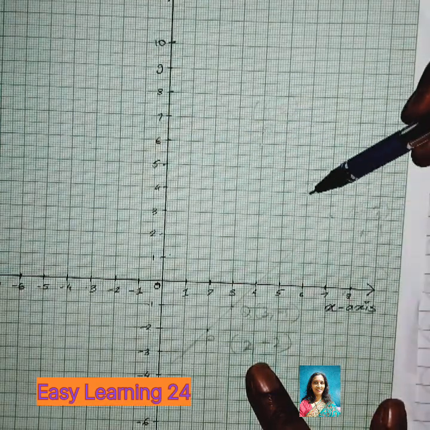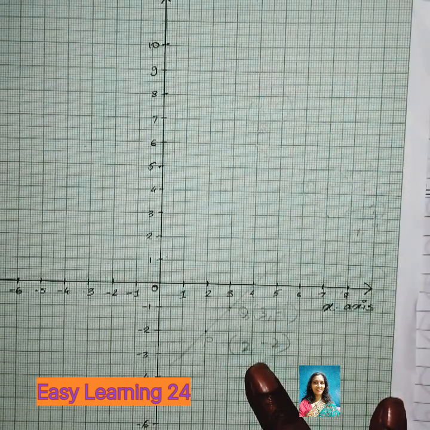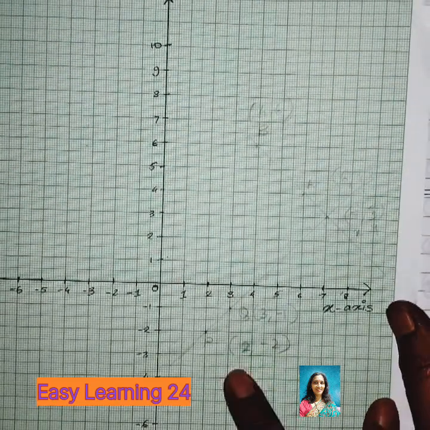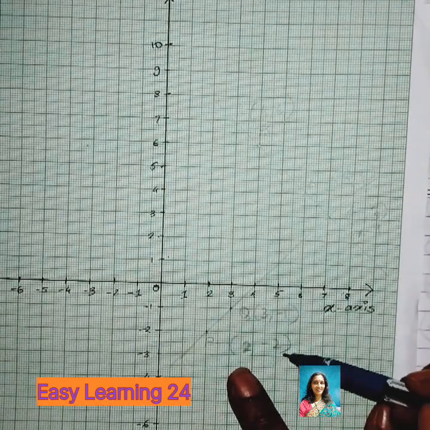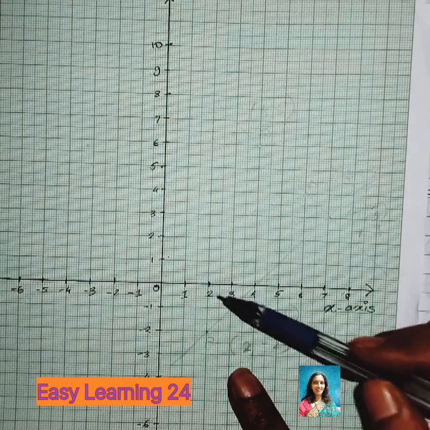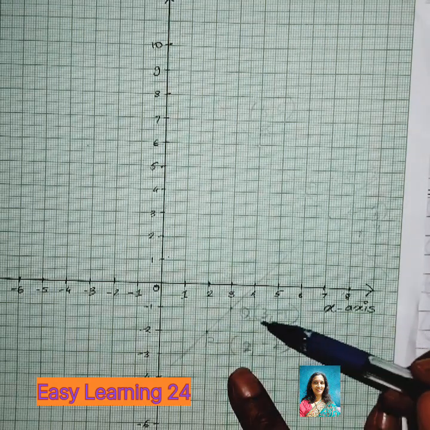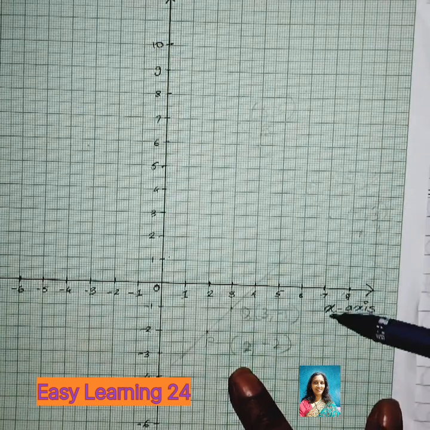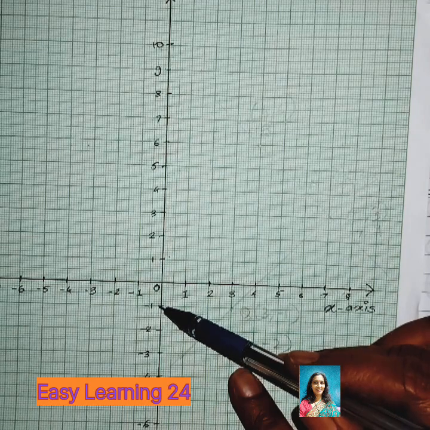So these 2 points we got, and we drew a line. Now the second points were P and Q. P was 2 and minus 2, so 2 on the x-axis and minus 2 on the y-axis. So this is the point P. And point Q was 3 and minus 1. So 3 on the x-axis and minus 1 on the y-axis.